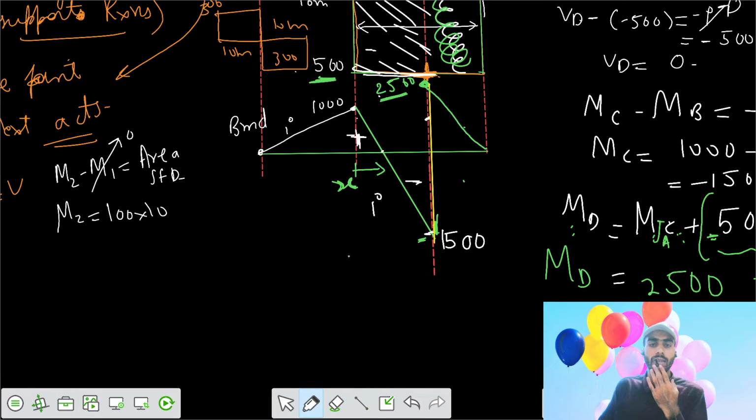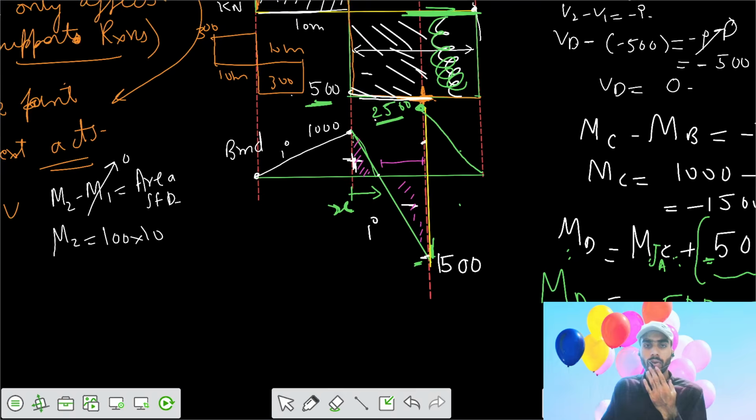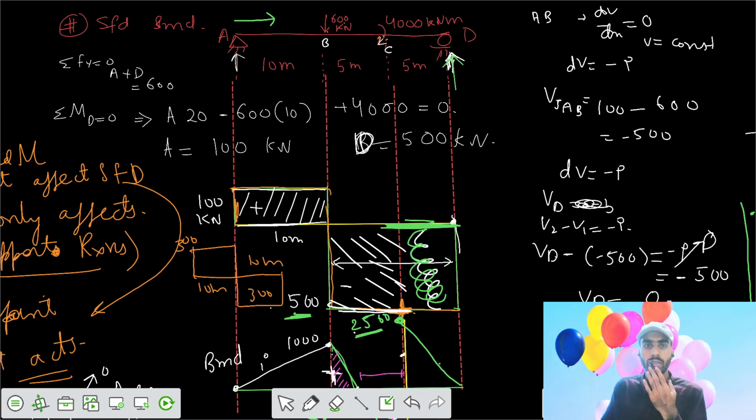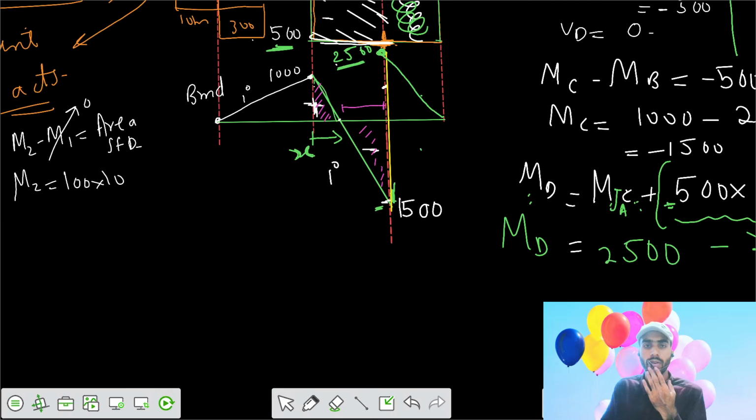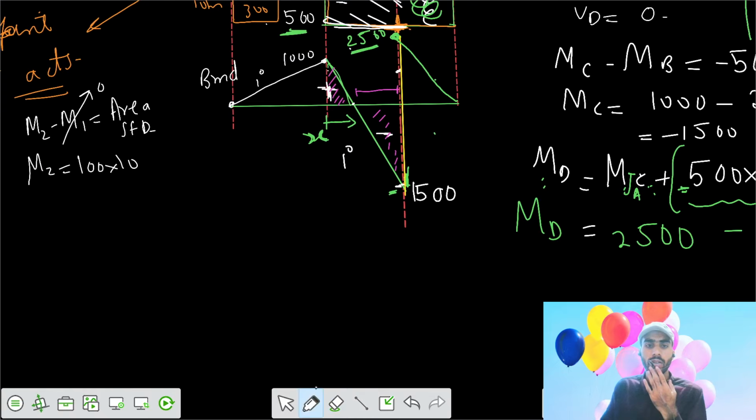We have two triangles. One triangle is this one, the next one is this one. What is the length of this part? B to C is your 5 meter, so this one is 5 minus x.